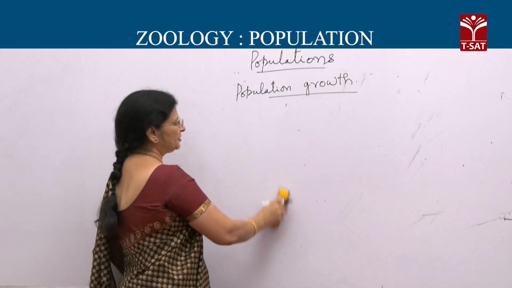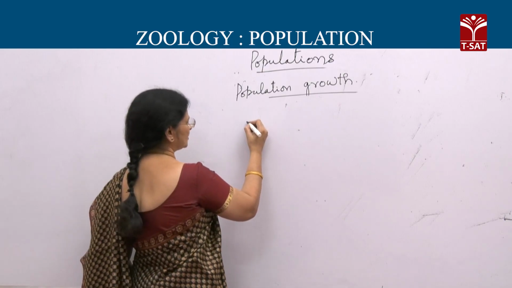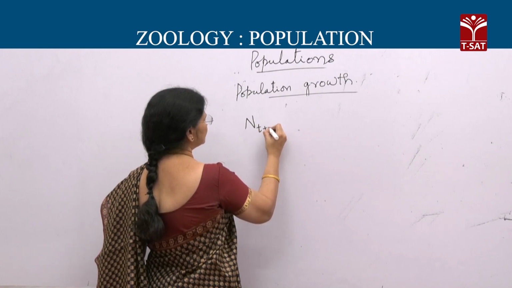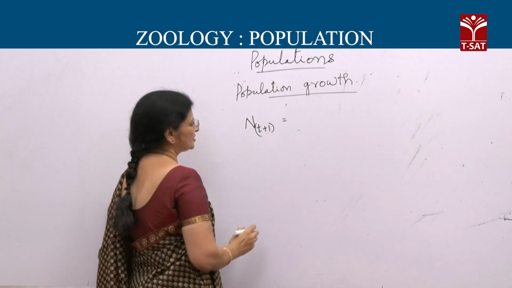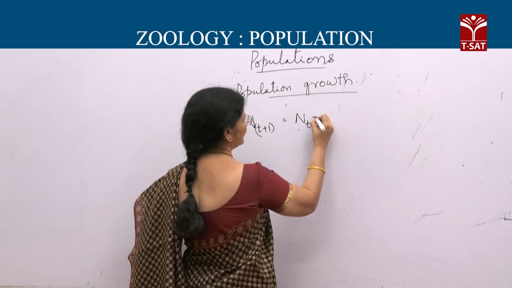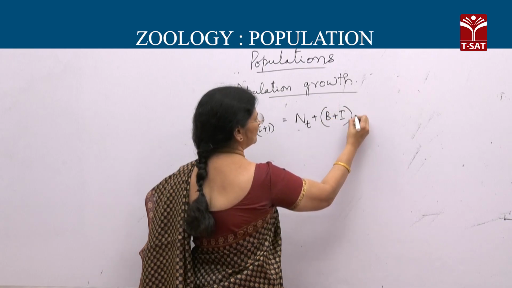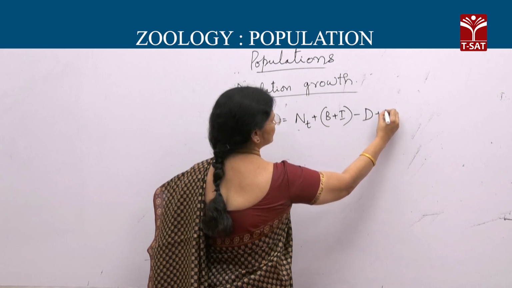And mathematically, they calculate the population growth by this formula: Nt+1 = Nt + B + I - (D + E).